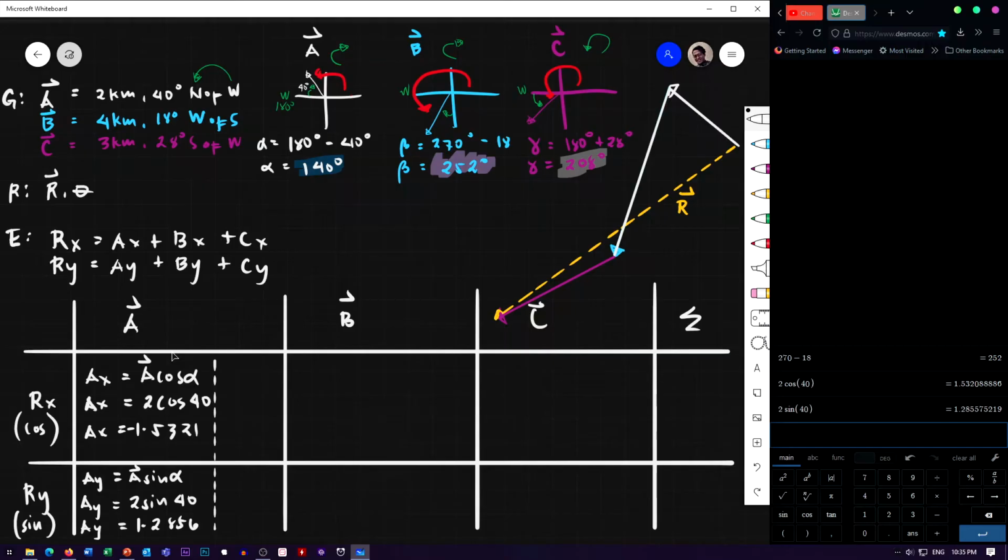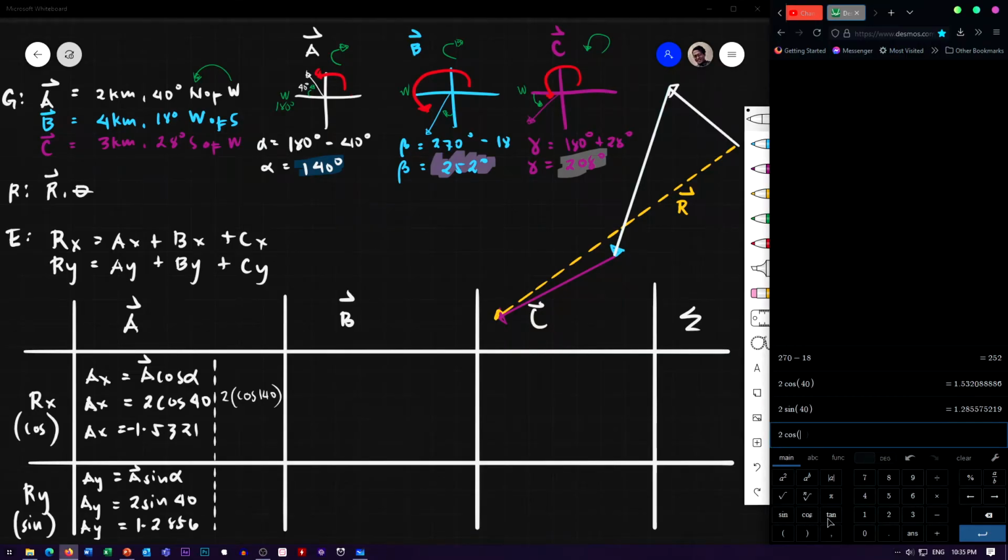Okay, so I think I need to write smaller, so I'm gonna change my pen size. So for this one, it's gonna be 2 cosine 140. Okay, 2 cosine 140. There. So let's try to solve that.